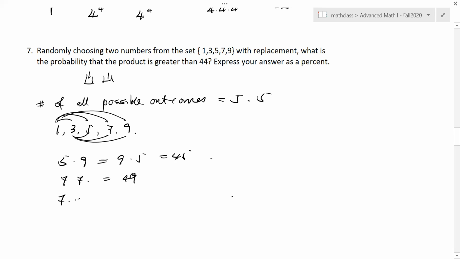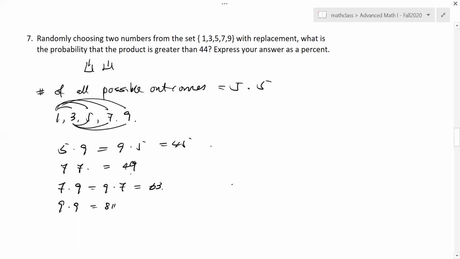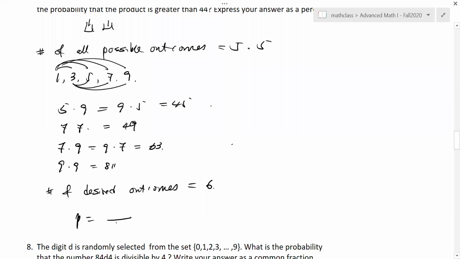Then 7 times 9, which is 9 times 7, is 63. And also 9 times 9 is 81. So how many of them are there? 1, 2, 3, 4, 5, 6. So the number of desired outcomes is 6. So the probability is 6/25. Great job.